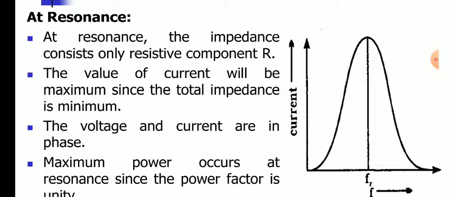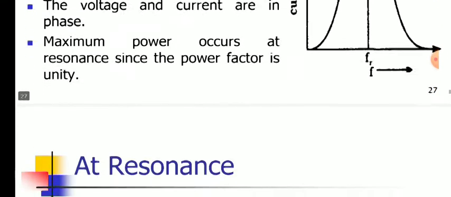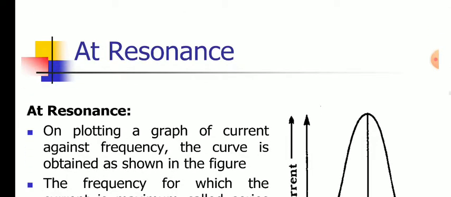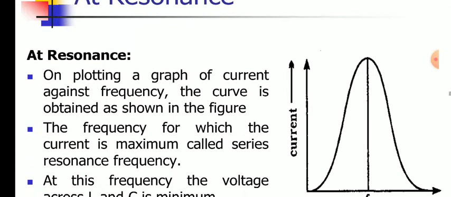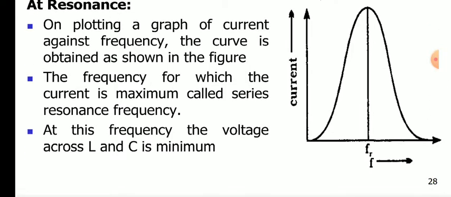The voltage and current are in phase, hence the maximum power occurs at resonance since the power factor is unity, because cos theta, that is cos 0, is 1, as current and voltage are in phase. On plotting a graph of current against frequency, the curve is obtained as shown in the figure. The frequency for which the current is maximum is called the resonance frequency.